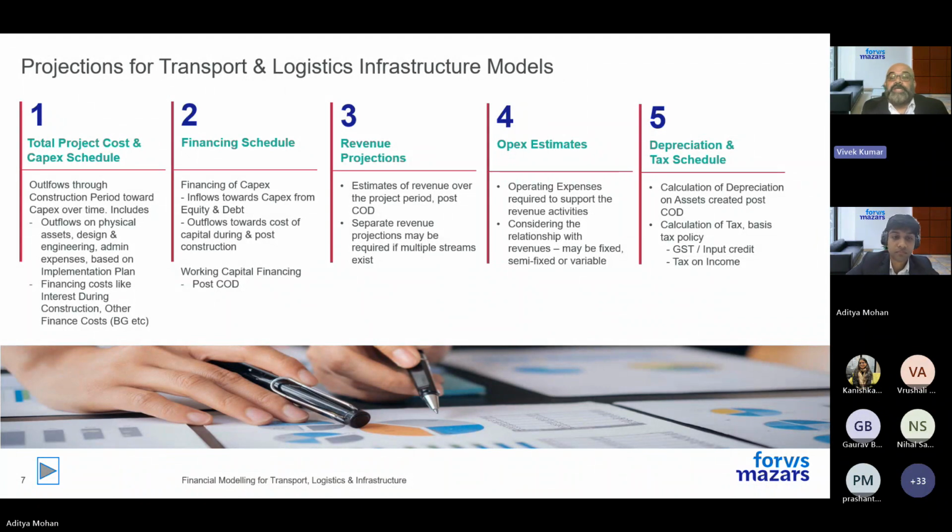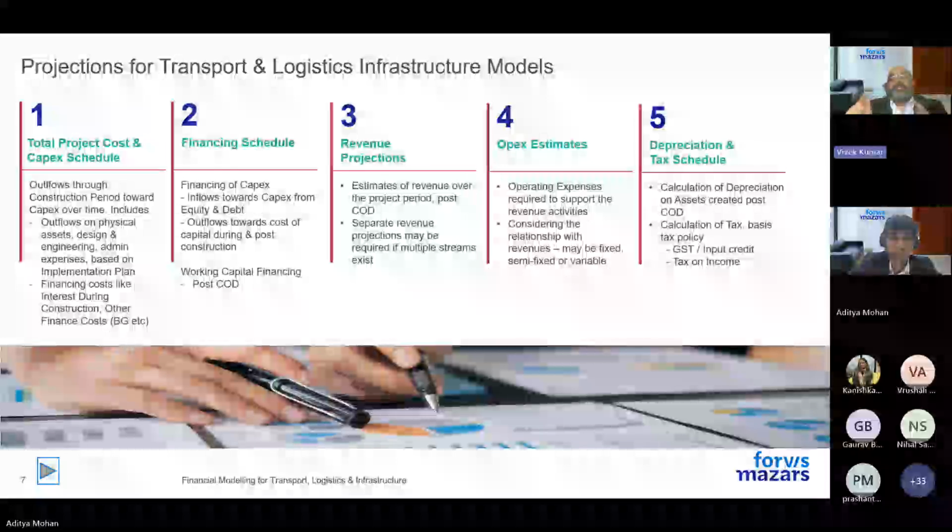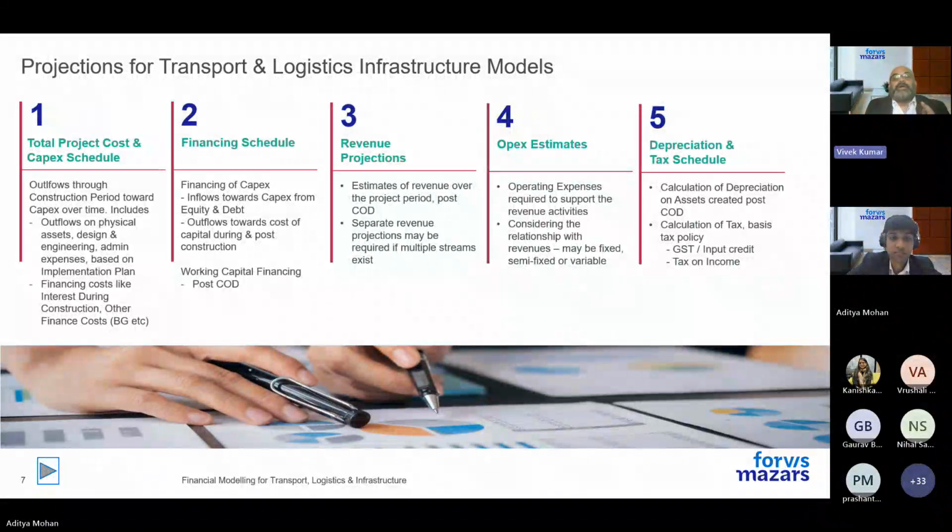Because the business logic in your projections would be different for them. Direct costs would more likely have a direct correlation. So as your volume increases, your direct costs would increase, right? Whereas the indirect costs would have a disproportionate, an under-proportionate relationship with the volume. So it will not increase at the same rate as the volumes increase.